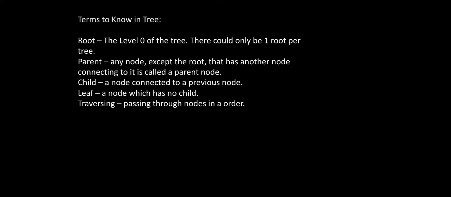A parent node can also be a child node, and a child is a node connected to a previous node, and a leaf is a node which has no child, and we have here traversing, passing through nodes in an order.